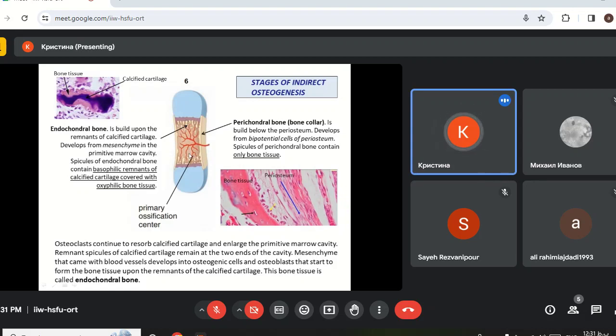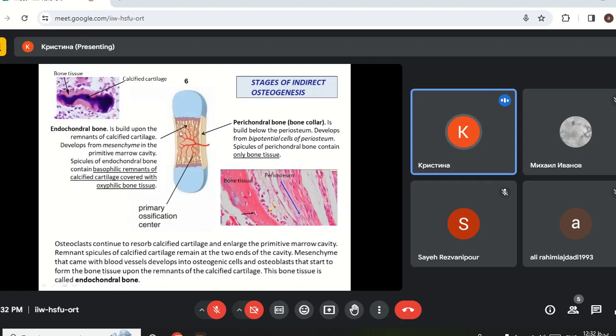Next, what happens next? The calcified cartilage continues to be broken down with the help of osteoclasts, and on the remnants of the calcified cartilage, which looks basophilic, newly formed bone tissue starts to grow with the help of the osteogenic cells, which develop from mesenchyme, which goes into this cavity with the blood vessels.